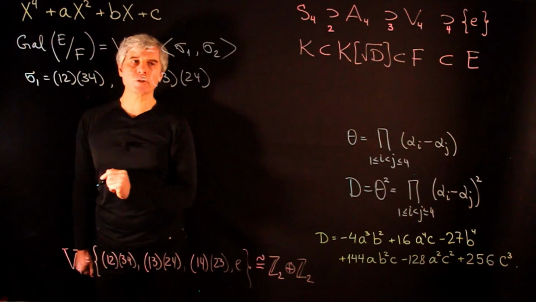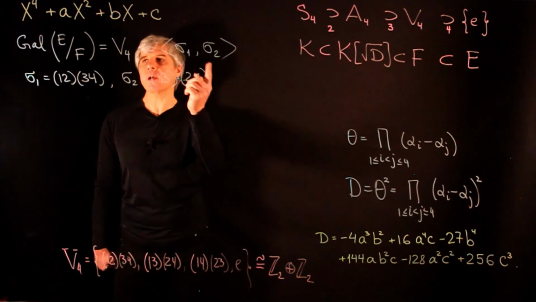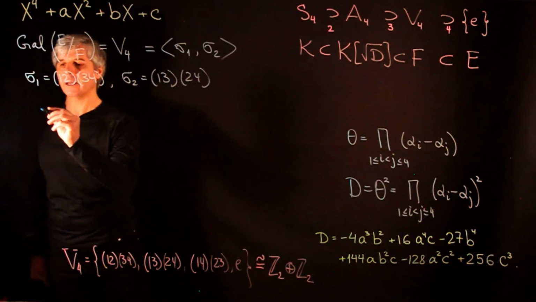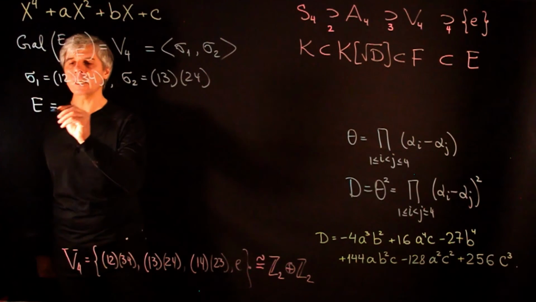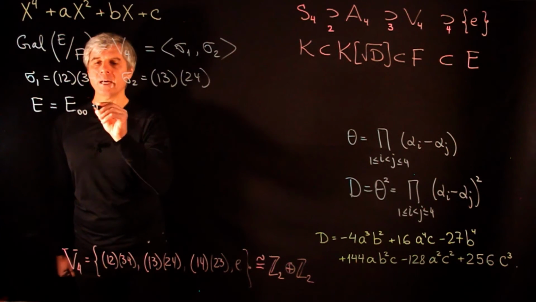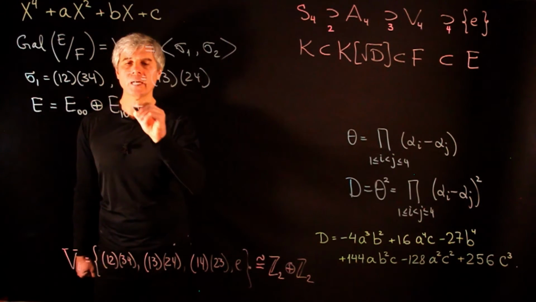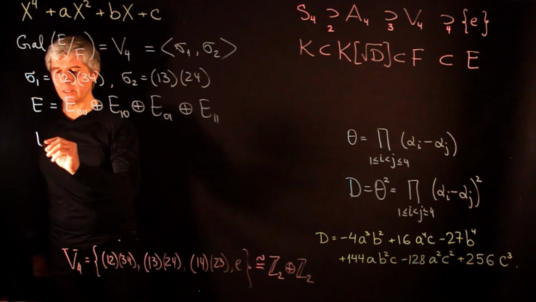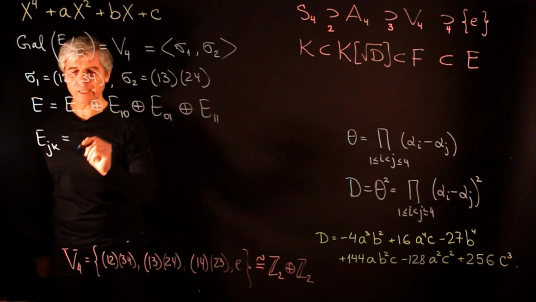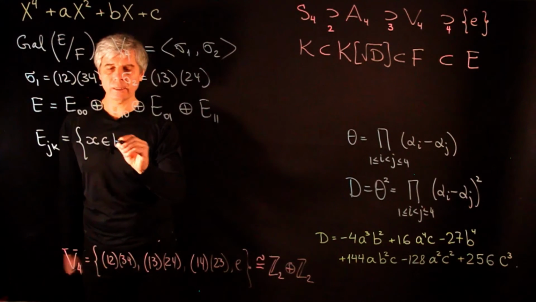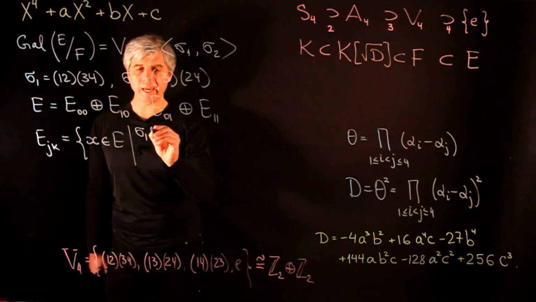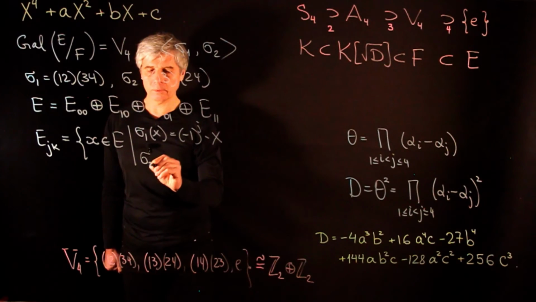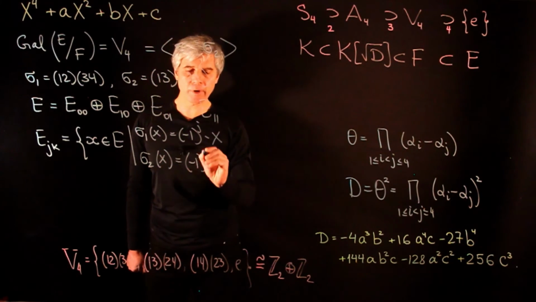We view E as a vector space over F, and here we have two commuting operators acting on E. These two operators are simultaneously diagonalizable on E, and we can write down the joint eigenspace decomposition, that E is E00 plus E10 plus E01 plus E11, where EJK is the eigenspace, so it's the set of x in E, such that sigma 1 applied to x is minus 1 to the power of j times x, and sigma 2 applied to x is minus 1 to the power of k times x.